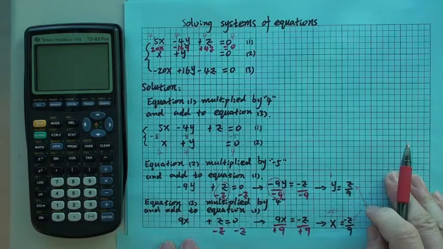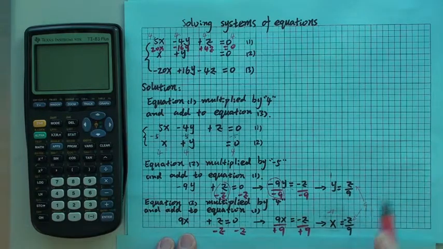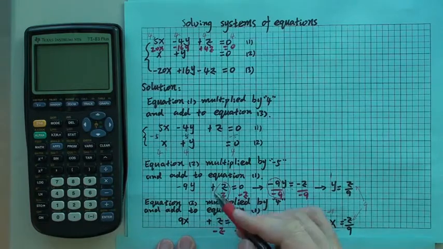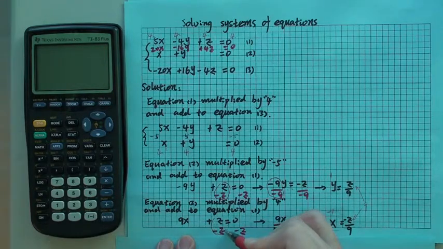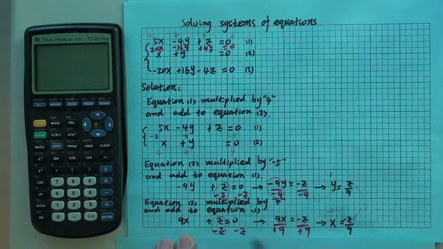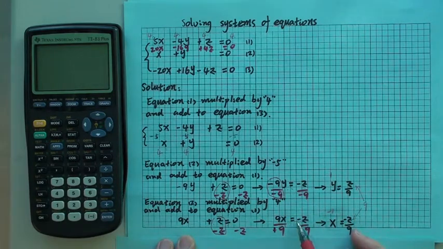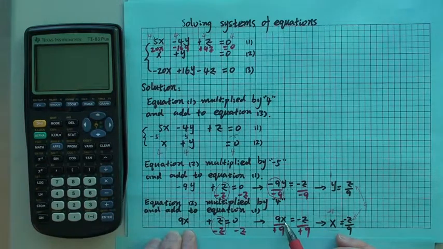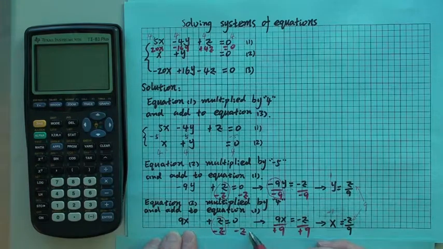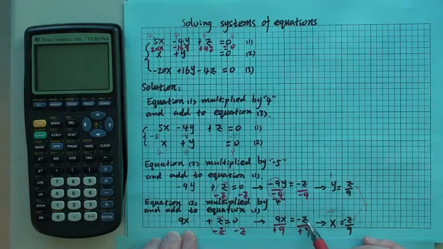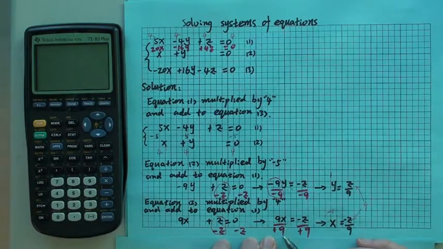Now, both sides subtract z. Those two cancel. You then have 9x equals negative z, because 9x is left over on the left, and 0 minus z is negative z. Then divide by 9.